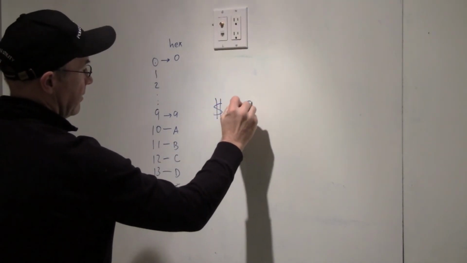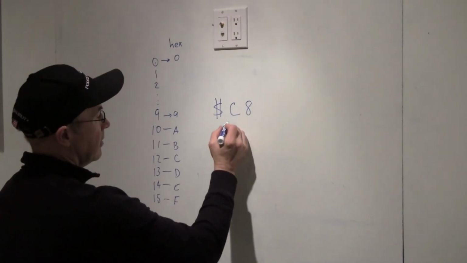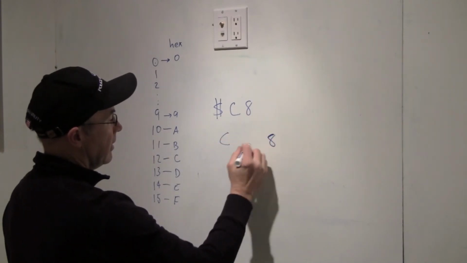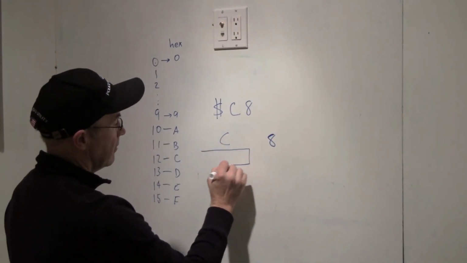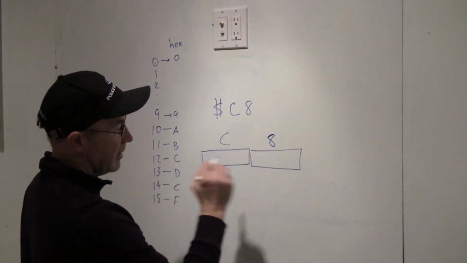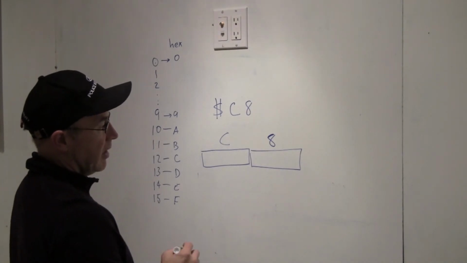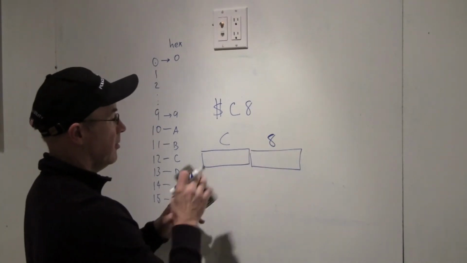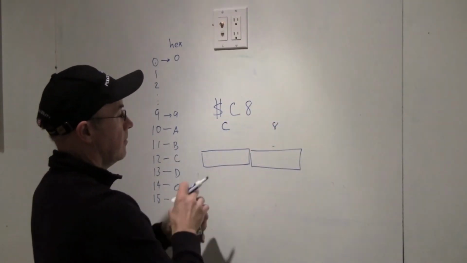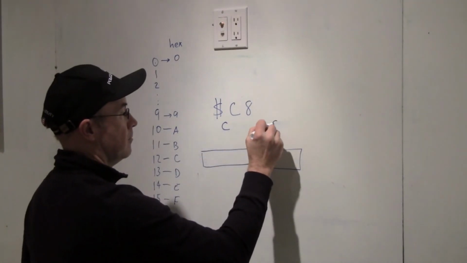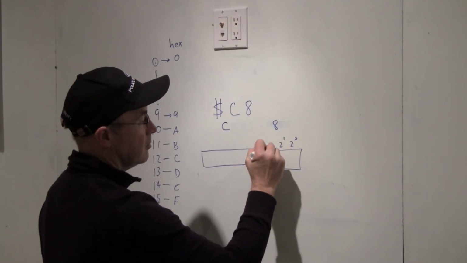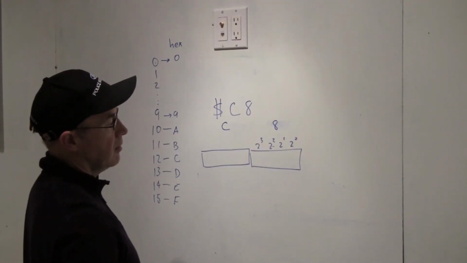If you see a number like, I don't know, C8, what you can do is break this down into 2 chunks again. There are a couple ways to do it. If you want to do it in binary, you figure out what 8 is in binary. I'm going to erase this a little bit, give me some room here. C8. If we have 2 to the 0, 2 to the 1, 2 squared, 2 cubed, what is 8?